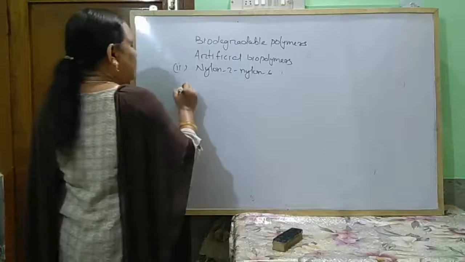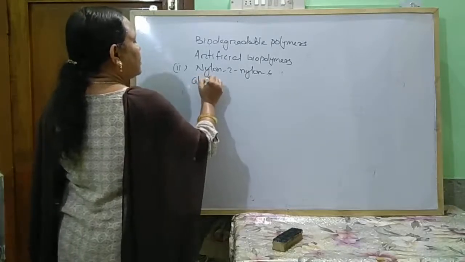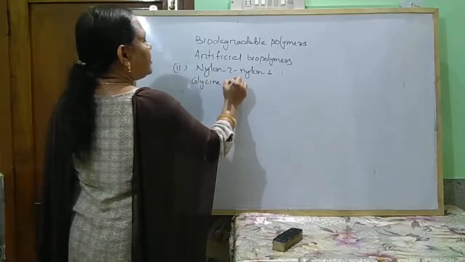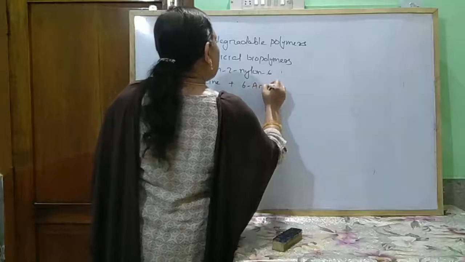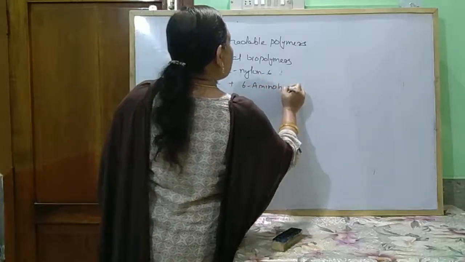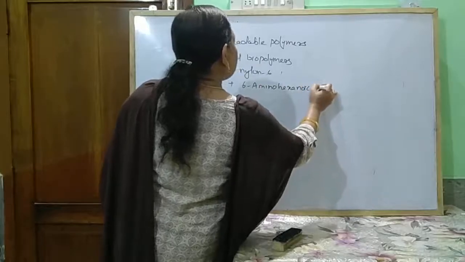Here the monomer units are glycine and 6-aminohexanoic acid.